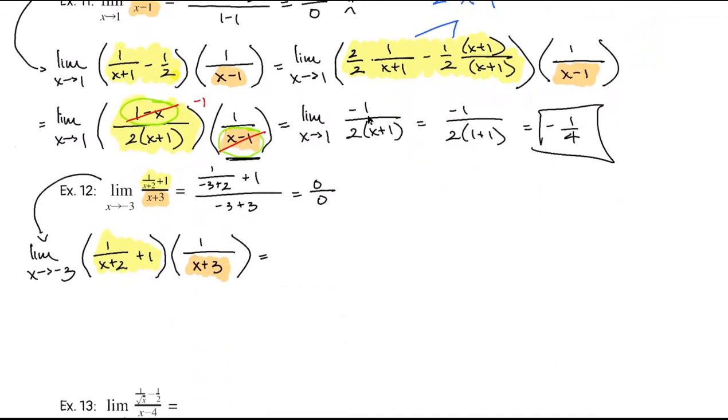Now, with the yellow part in this one, I'm going to use the same idea that I did in the previous question with the yellow part, which is I have two fractions. I want to make them into a single fraction, so I'm going to need a common denominator, okay? So the limit as x approaches -3, I'm going to end up with 1 plus x plus 2 all over x plus 2.